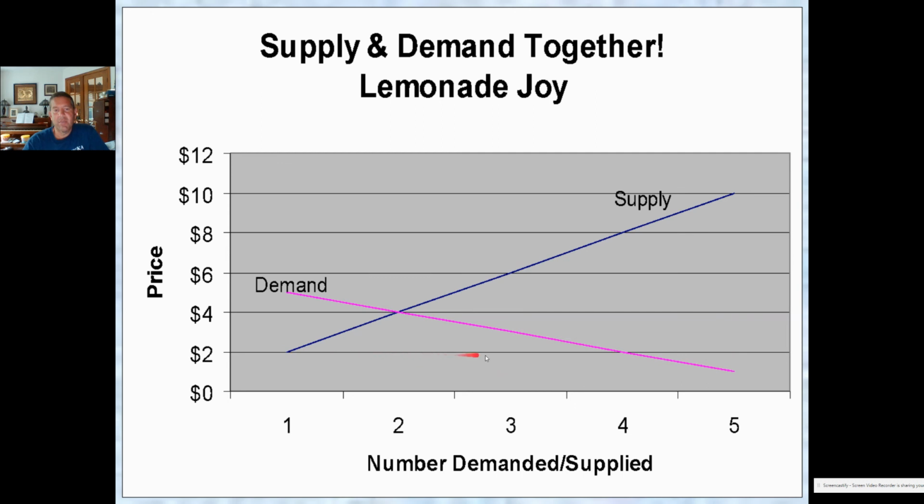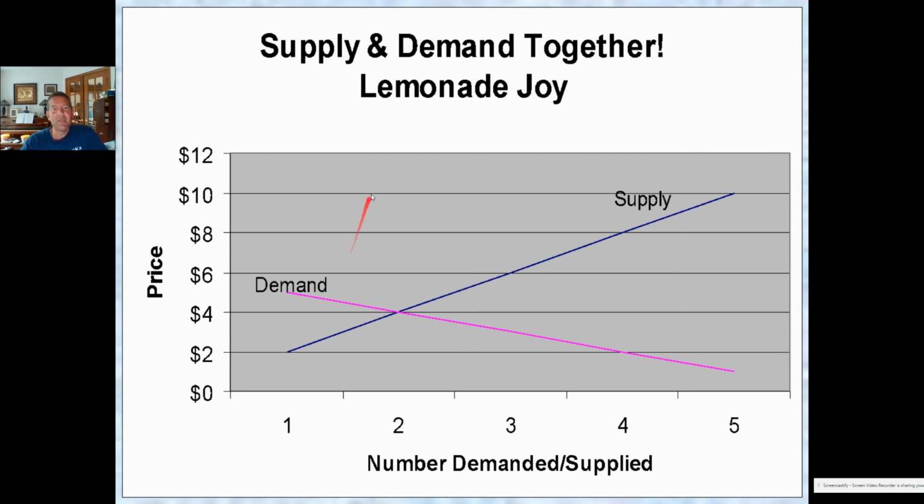So there's a $2 lemonade price ceiling. Well, suppliers hate that. They're only going to make one at $2, like we already discussed. Demanders love it. We'll buy four, except only one exists. So really what you've done there is you just created a shortage by setting a price ceiling below equilibrium. In that example, a shortage of 3 cups of lemonade.